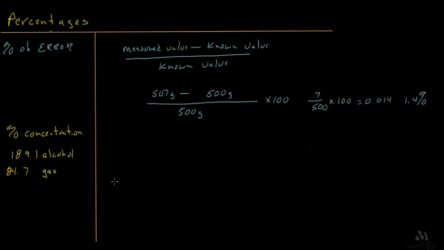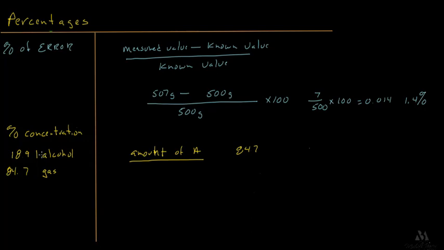So what we're going to have to know is the amount of A. In our case we're looking at the percentage of gasoline, so for us it's going to be gasoline, so 84.7, and that's going to be over the total amount of the mixture.